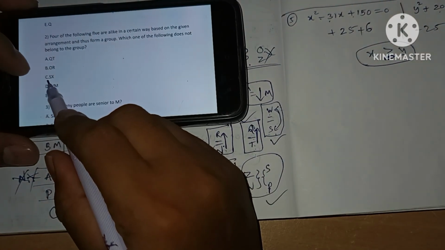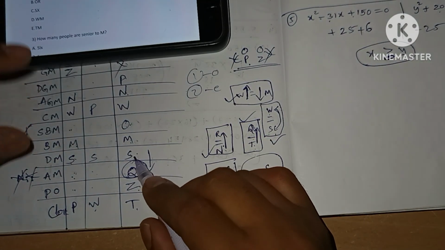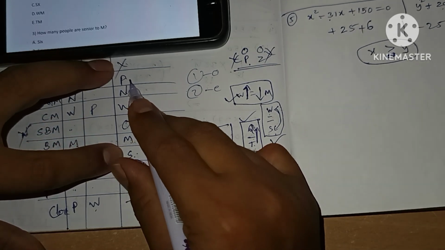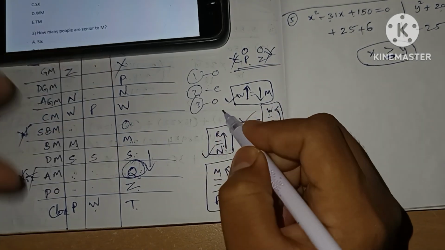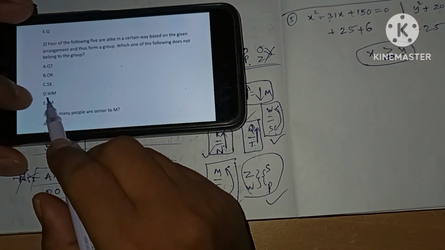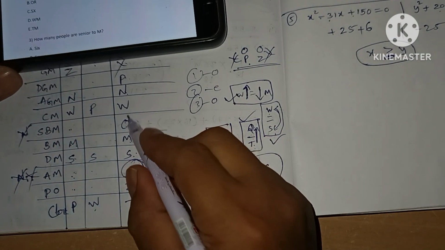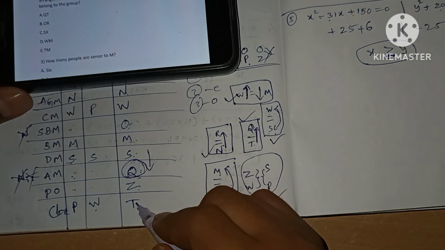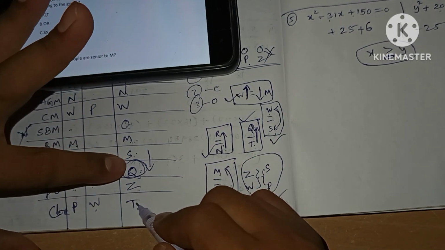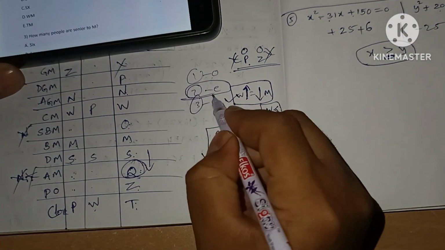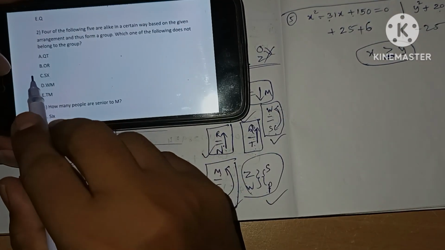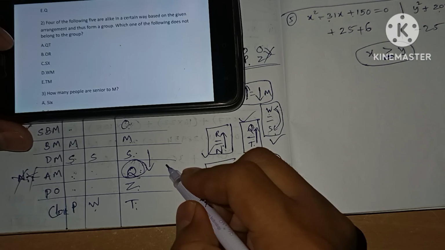Third one S and X. This is S and this is X. 1, 2, 3, 4, 5 odd people. W and M, odd one. T and M. T here, M here, there are 3, odd one. So the even one will be the answer, the odd one out. So option B is our answer for the second one.